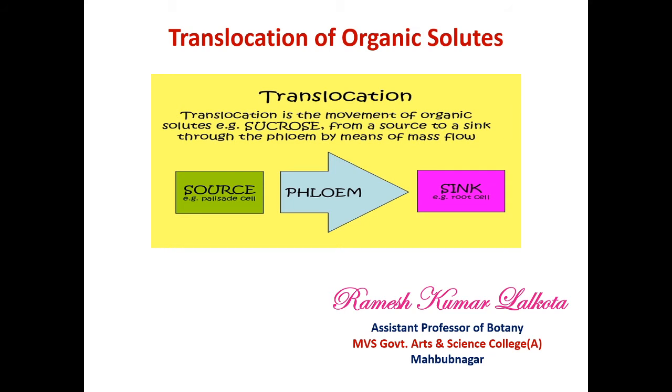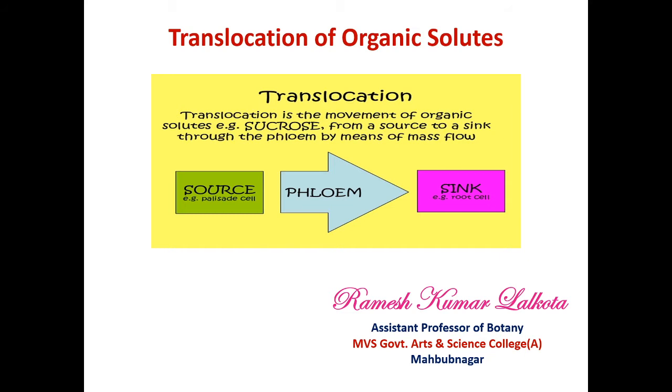We all studied the structure of the phloem in our lower classes. Today, in the later part of our class, we will see the structure of the phloem once again. These organic substances formed in the leaves, that is the source, are transported through phloem to the different parts of the plant, that is roots, branches, flowers, and non-green parts which do not synthesize food receive this food material through phloem.